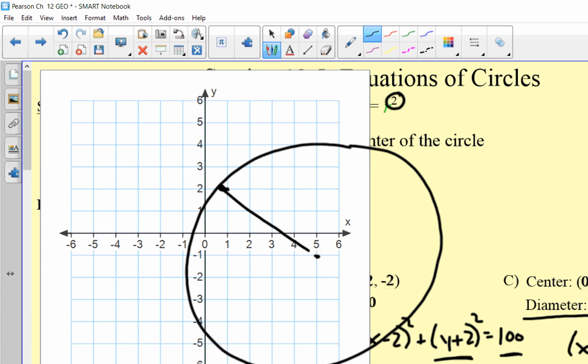So if you guys understand that, if I draw that line, that's a radius, and I needed the radius to do this problem, okay? So what I'm going to use here is the distance formula. So if you guys remember, the distance formula was this. Okay.